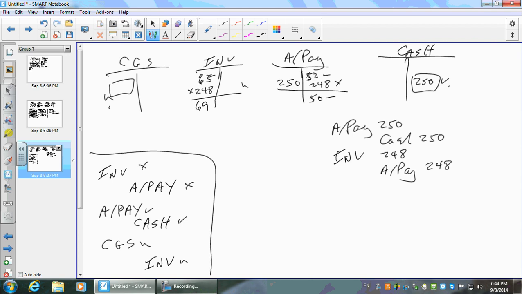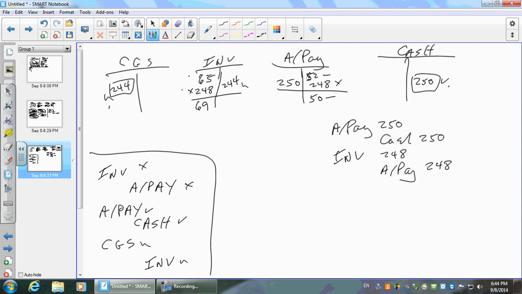So what's 65 plus $248? What's available? Beginning plus what I purchased is what's available, right? You know, we're doing inventory here. Cost of goods sold. Beginning plus what I purchased is what's available, right? Subtract the ending. So what's 65 plus 248 less 69? What's the number? It's a miracle. It's 244, which is the one we got doing it the other way.